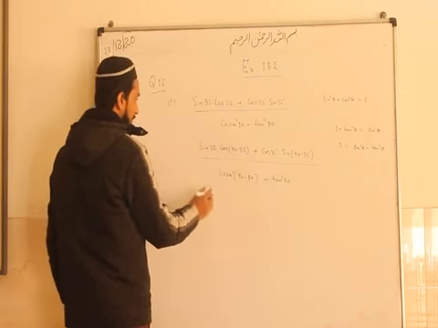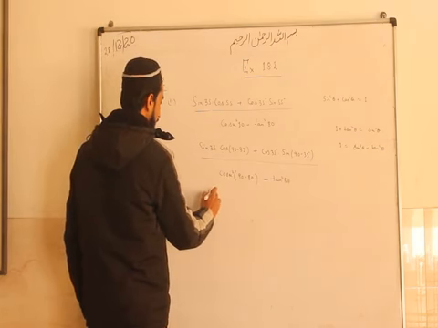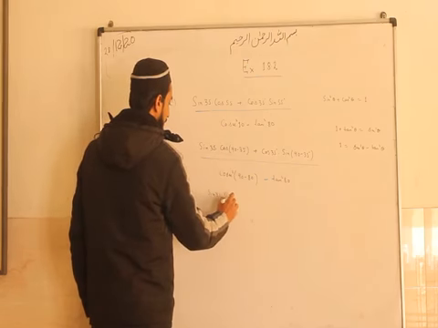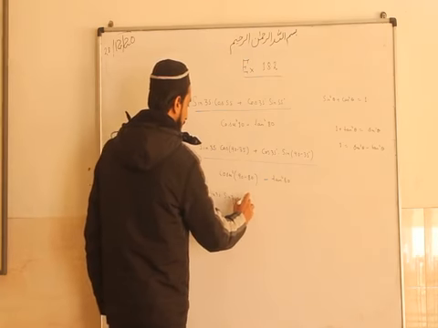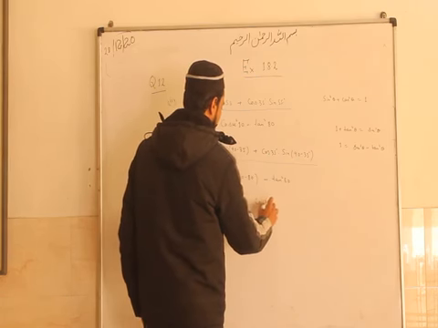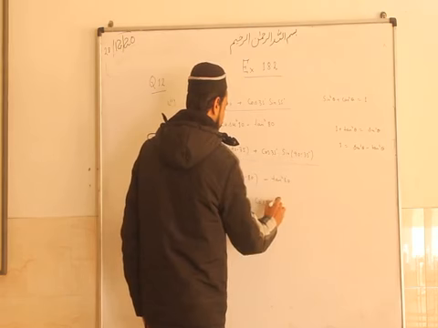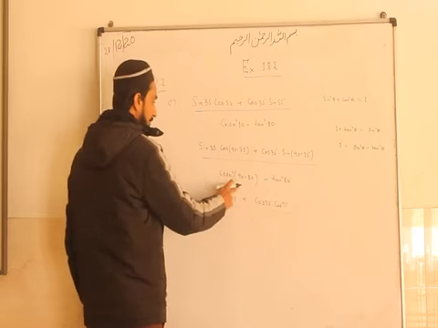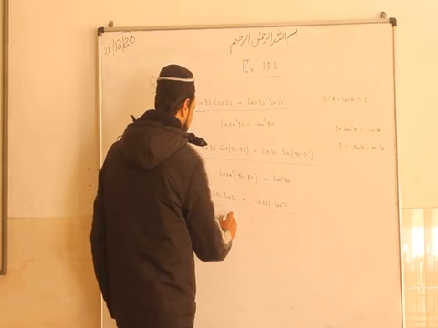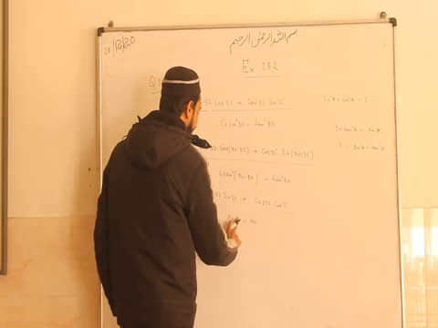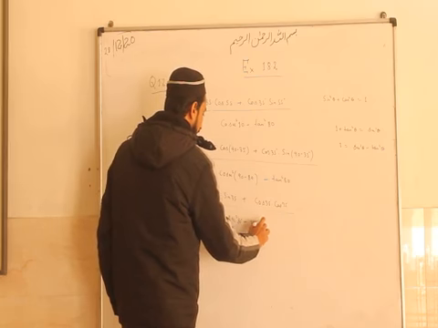Okay, now evaluate these step by step. Sin 35, cos 90 minus theta is sin theta, because in your academic exams you have to write every step. This is cos 35 into sin 90 minus theta is cos theta, so cos 35, upon cosec 90 minus theta is sec theta, right? So this is sec square theta minus, but theta is 80 degree here, so sec square 80 degree minus tan square 80 degree.